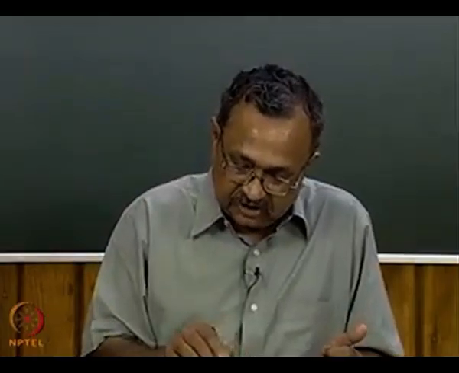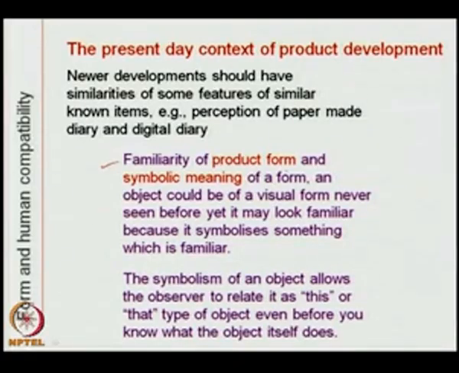Now, familiarity of product form and symbolic meaning of a form. An object could be of a visual form never seen before, yet it may look familiar because it symbolizes something which is familiar. We need to consider this.